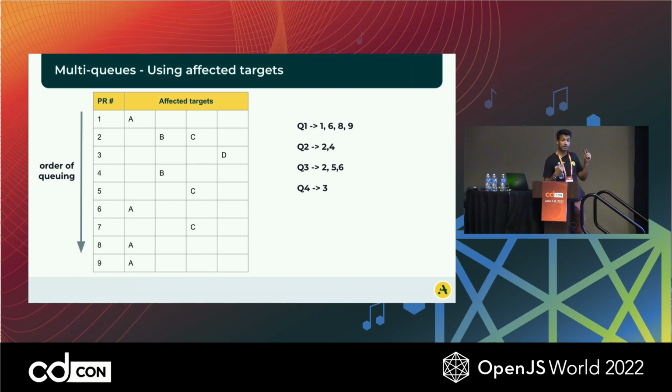PR2 is actually part of 2 different queues because it depends on both B and C. The fourth queue is only D because there's only one PR there. So you avoid running them sequentially and run them in parallel, thereby also reducing the number of queues and builds you have to run.